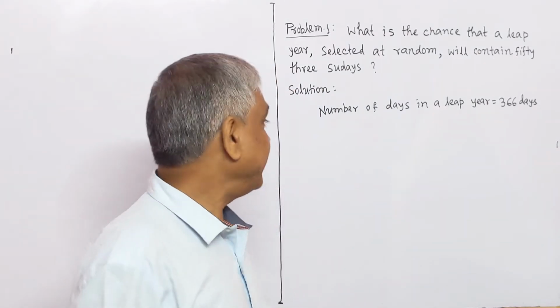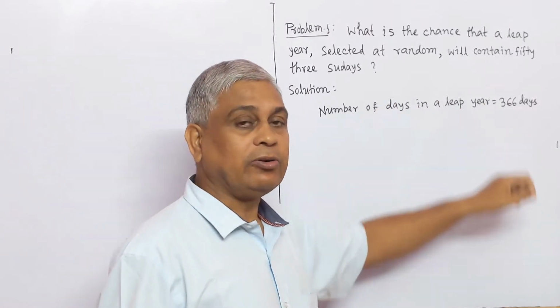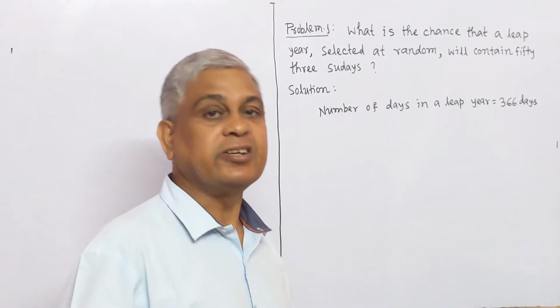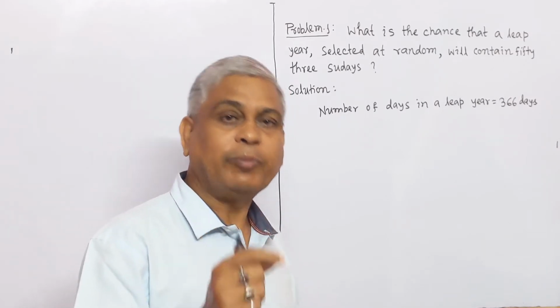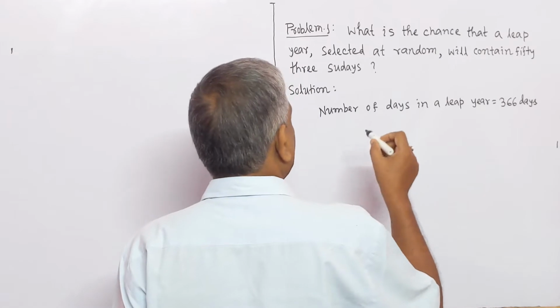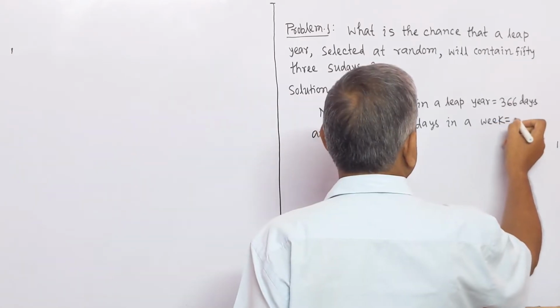Since we know that number of days in a leap year is equal to 366 days, one day more than normal year, and number of days in a week is 7 days.